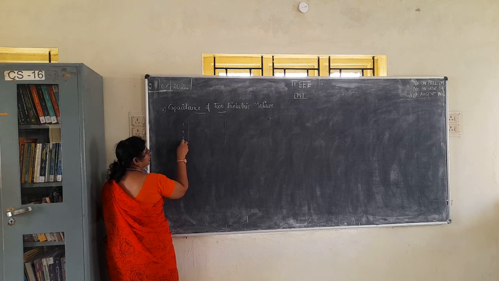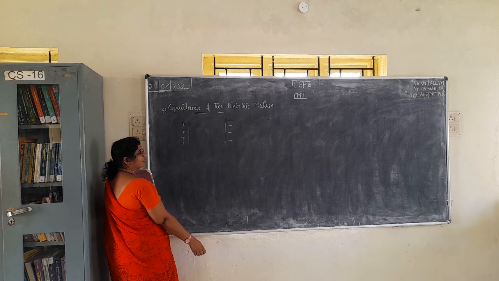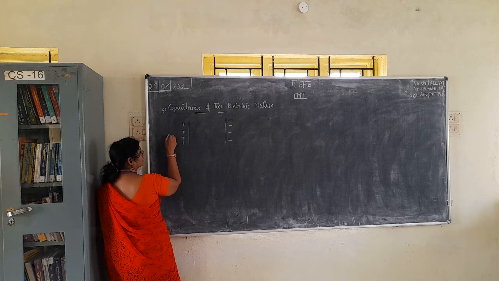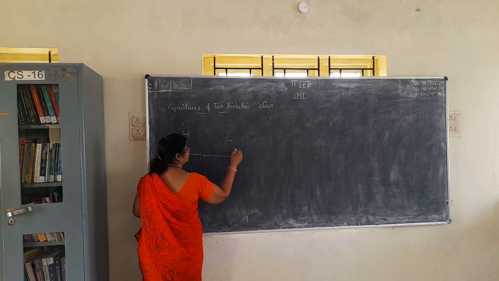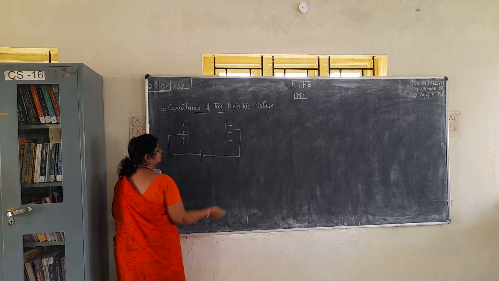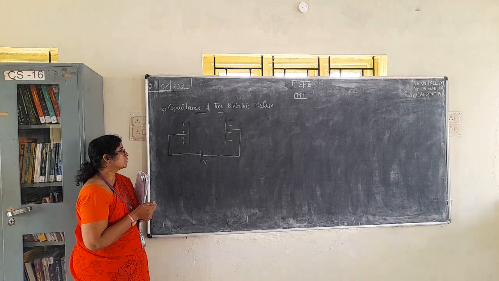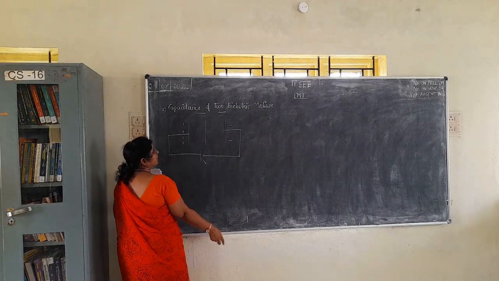On one plate you will have a positive charge, on the other plate a negative charge, separated by a distance d. Some voltage will be applied. Here, instead of a single dielectric, we have two types of dielectric.